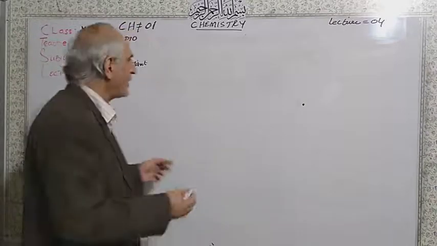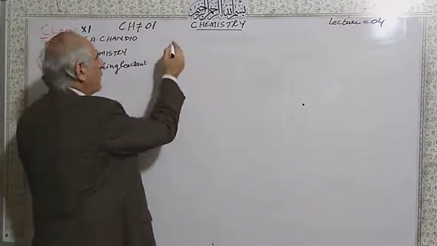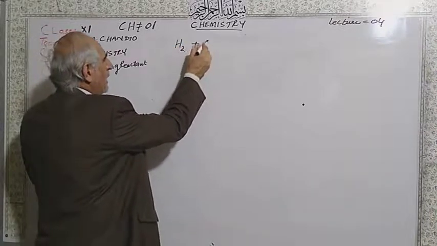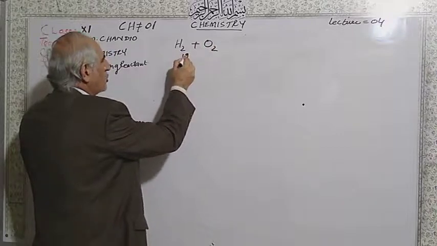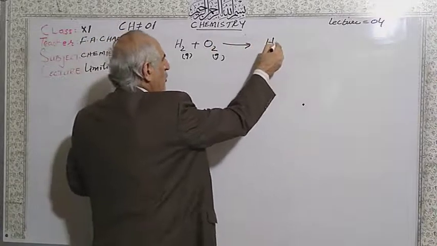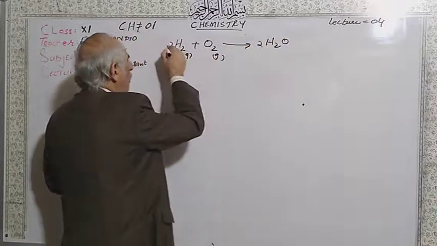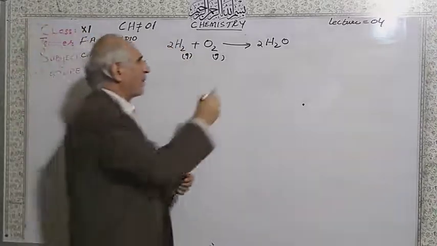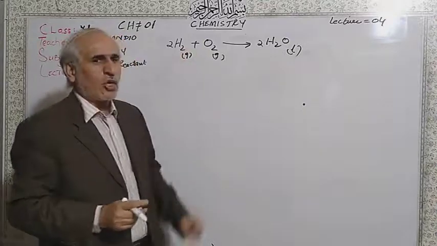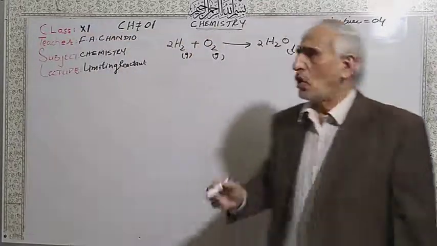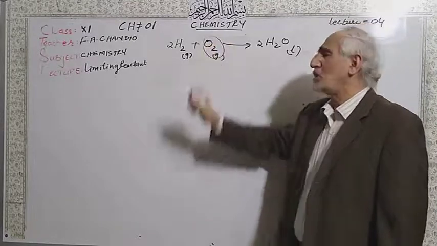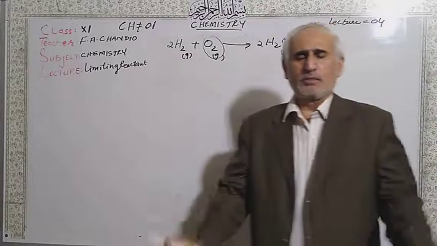Suppose, just as an example, you are passing electric current through oxygen gas and hydrogen gas to produce water. During this process, suppose the oxygen is consumed, finished.